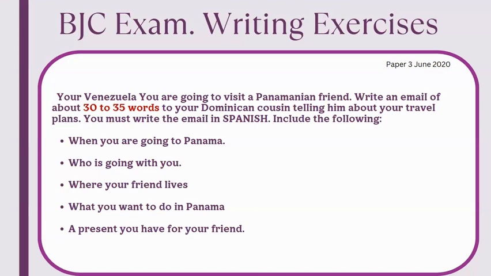So, say where your friend lives, right? Like I said, that could be answered both ways, or you can add all of that in describing where your friend lives. You can say, mi amigo vive en una comunidad muy pequeño, all right?